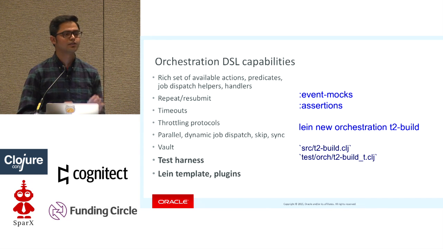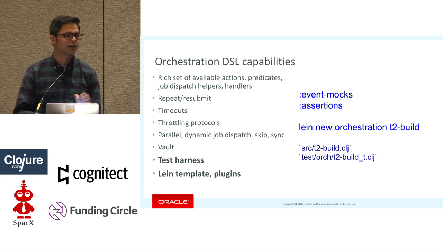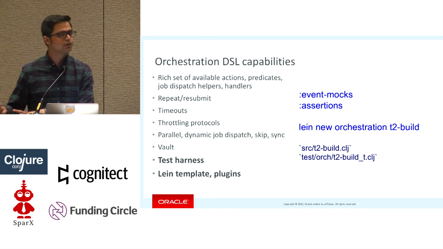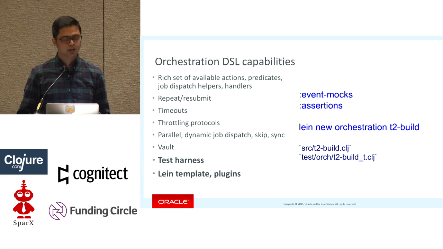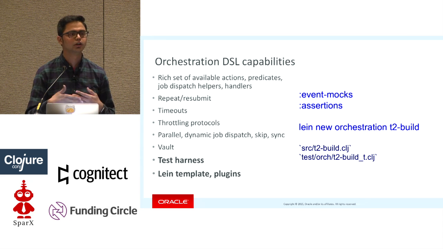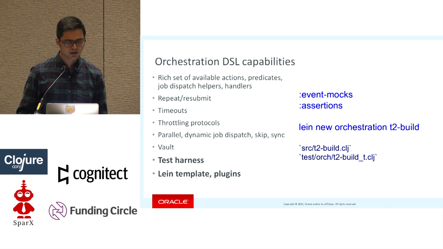So you can test that, hey, an event came in, this handler should have been activated, this happened, and finally the pipeline ended at a certain point. So you're able to mock those events. I didn't mention it here, but you're also able to mock the dispatcher functions, because when you're testing, you don't want to actually trigger a Jenkins job and things like that. And obviously, you can assert on all of these.